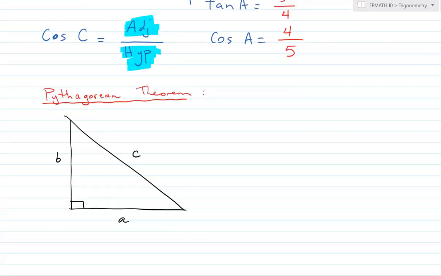Okay. I do need to review one concept from previous math classes. That's called Pythagorean Theorem, because you need that later on in this unit to basically solve a triangle, everything about a triangle. So Pythagorean Theorem, remember, it has to do with the relationship between the sides of that right angle triangle and its hypotenuse.